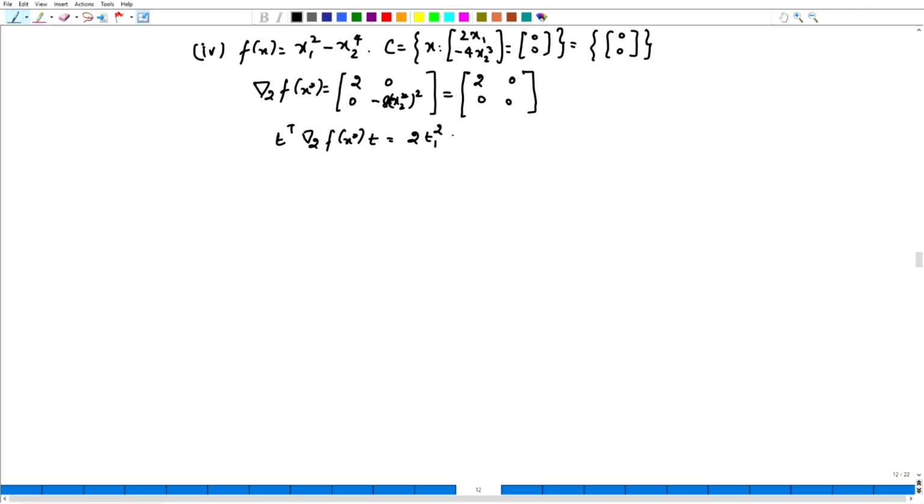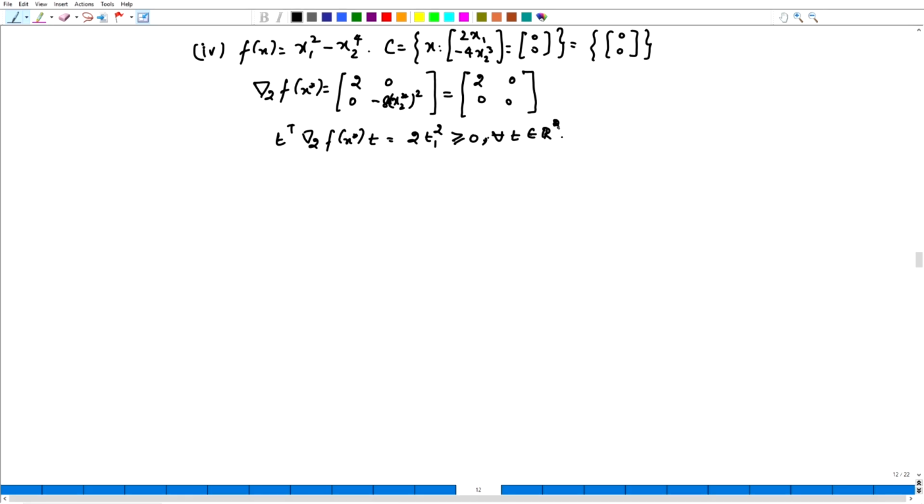This is non-negative, but it need not be positive. It is greater than or equal to 0 for all t in R2 in this case.